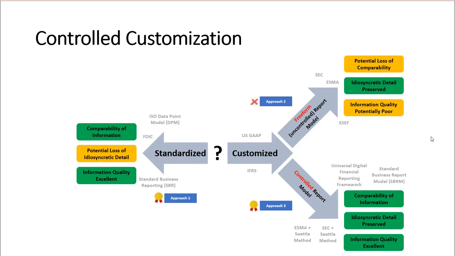Okay, so US GAAP does that, IFRS does that, and other financial reporting schemes. So there are two ways that you can allow customization. The first is free-form or uncontrolled, and the second is controlled report model. If you're using free-form and things are uncontrolled, you have very poor comparability.